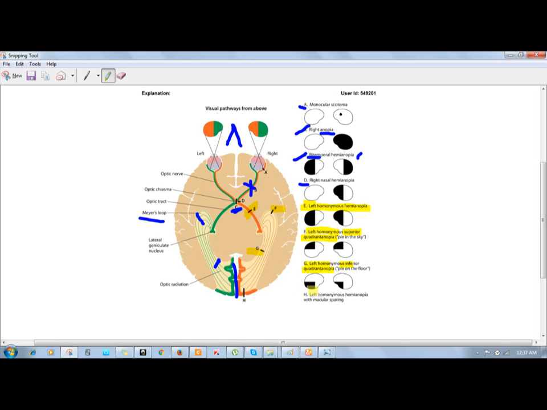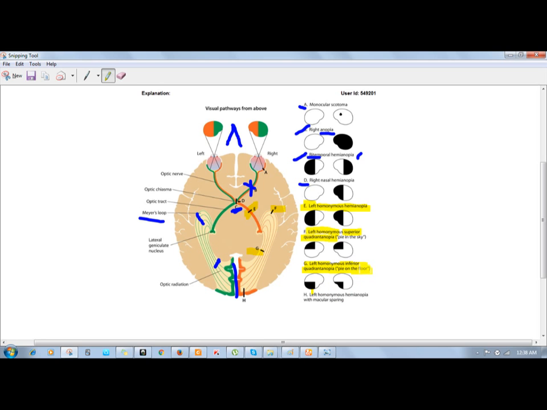As there is damage to the dorsal optic radiation on the right side, we are not able to see the lower half of the vision on the left side.